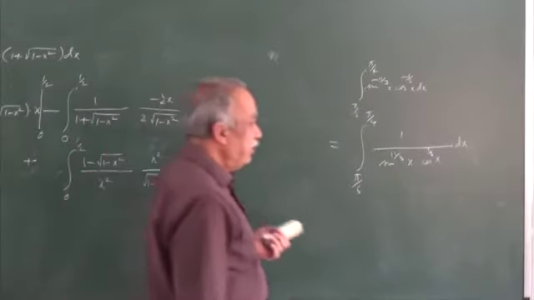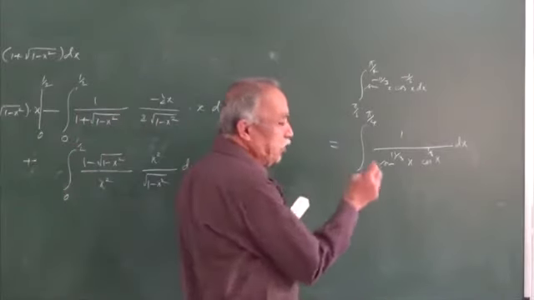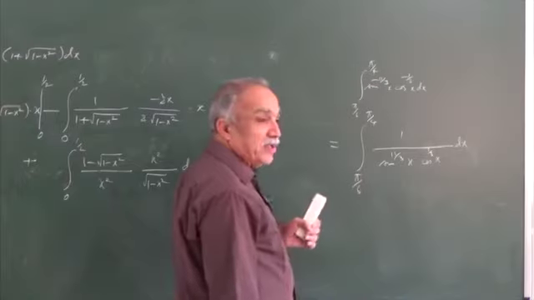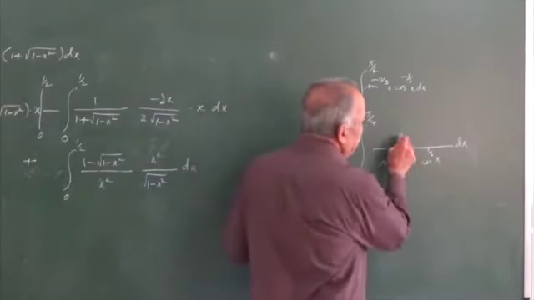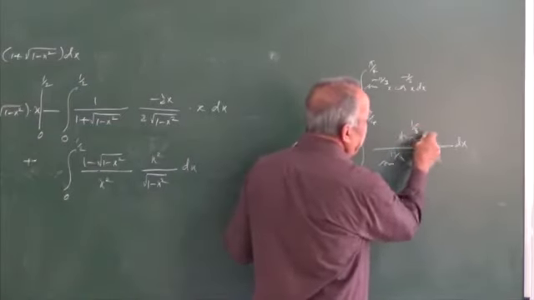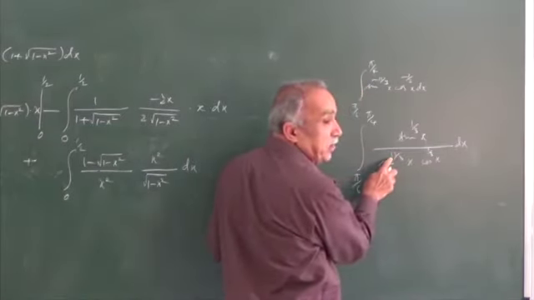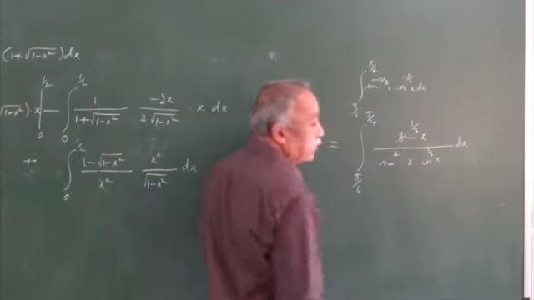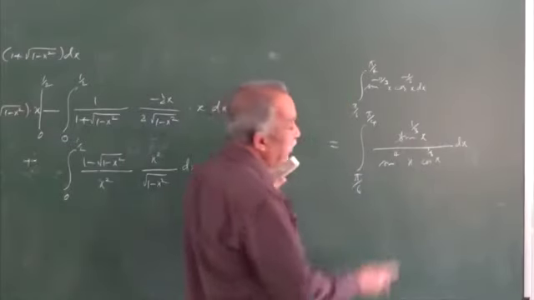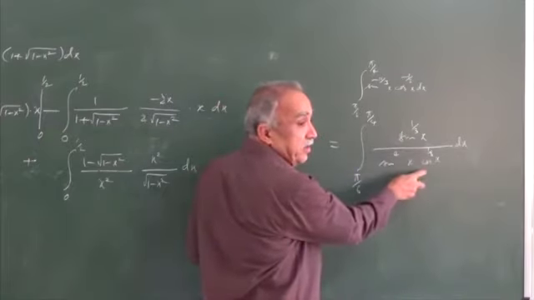My suggestion will be, you multiply numerator and denominator by sin power 1 by 3. What will happen? You will get a sin power 1 by 3 here, and this will become sin power 12 by 3. Sin power 12 by 3 is sin power 4. What is the advantage? You can see one tan here.